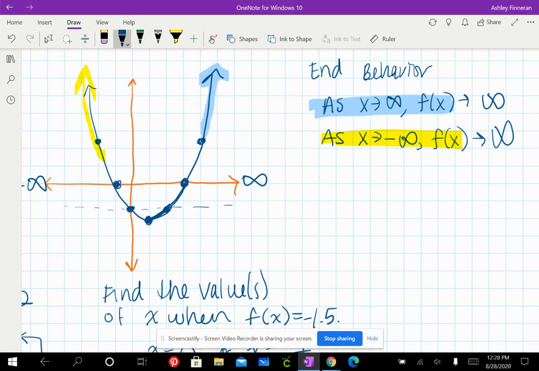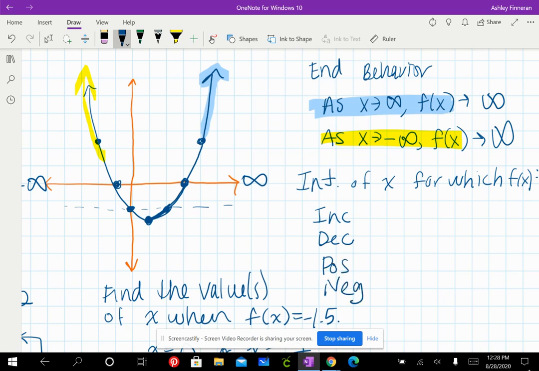Next, I want to talk about the intervals of x for which f of x is increasing, decreasing, positive, and negative.